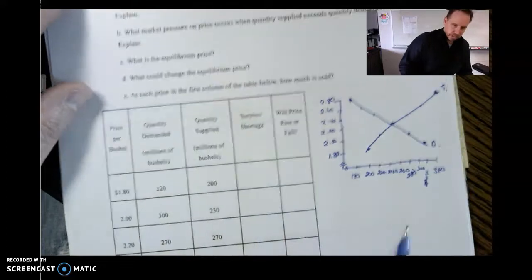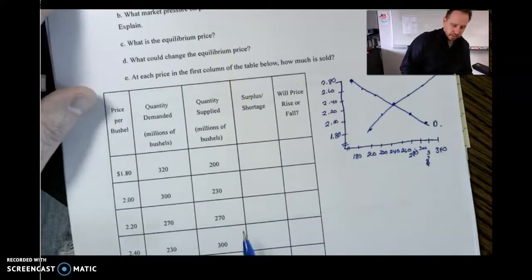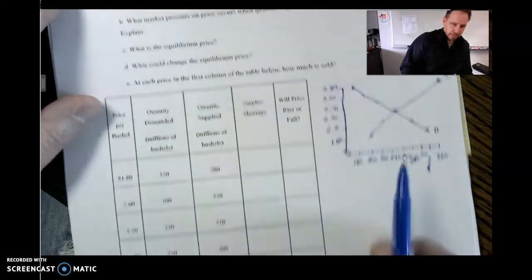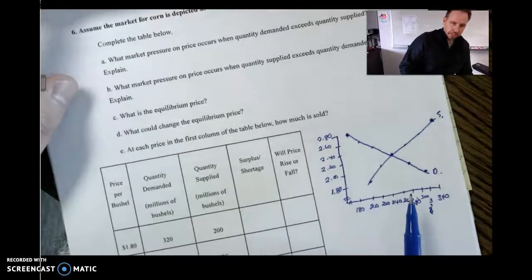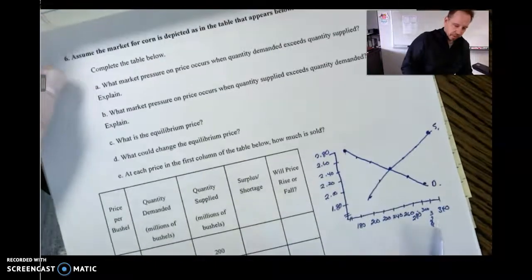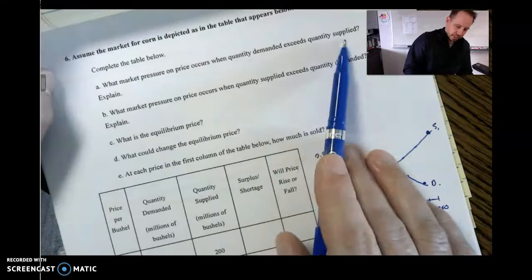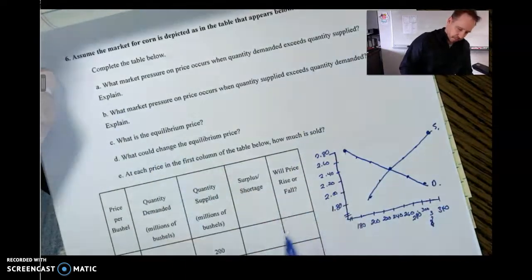So this table is just the data that we use to graph both of our supply and demand relationships. Your question is asking what market pressure on price occurs when the quantity demanded exceeds the quantity supplied.